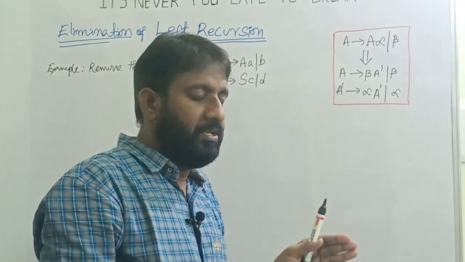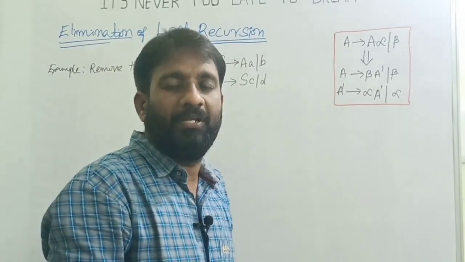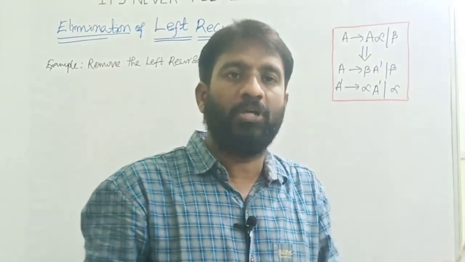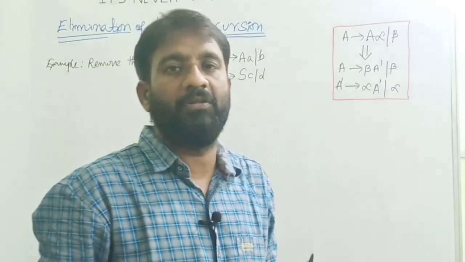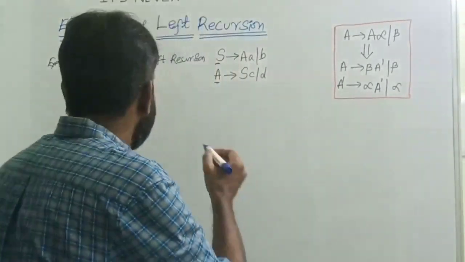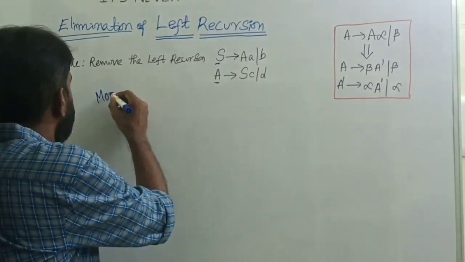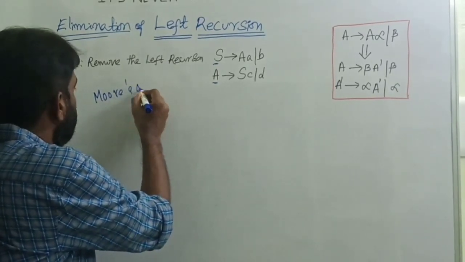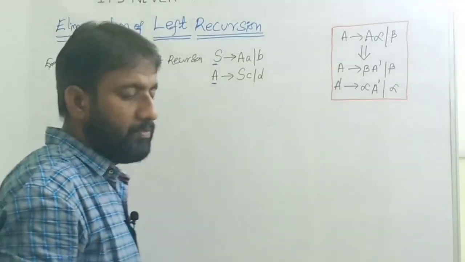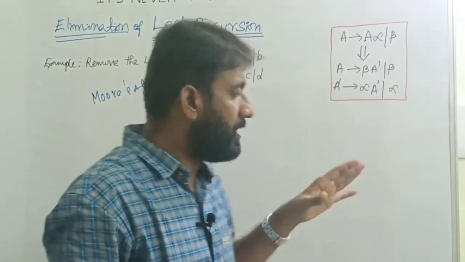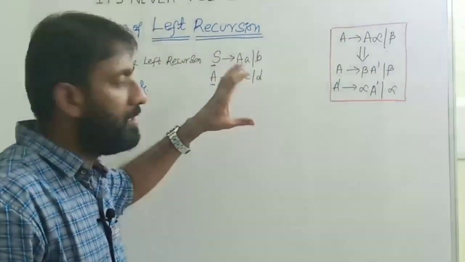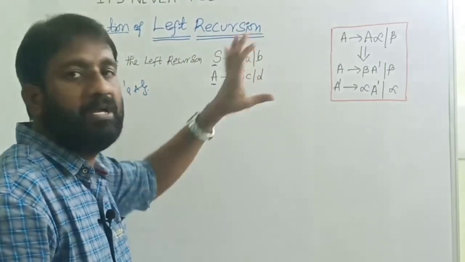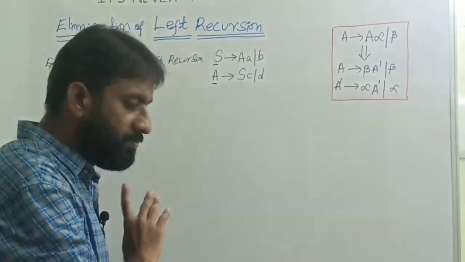Actually, the direct and indirect left recursion removal were both proposed by one famous mathematician and research scientist, Moore. He suggested an algorithm, according to which we can remove the indirect left recursion from the grammar. Okay, see what his proposal is.